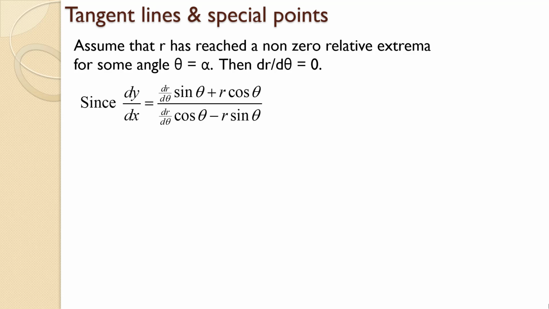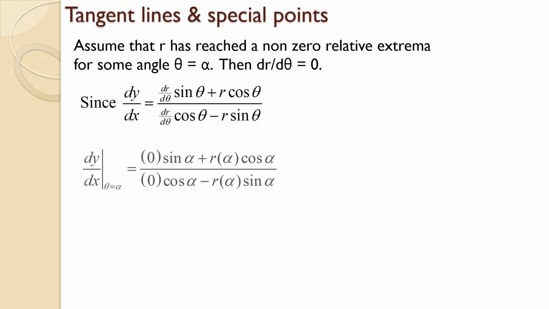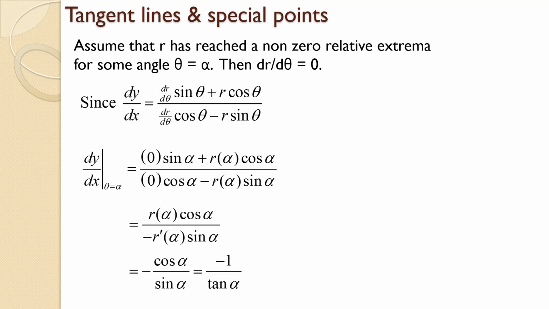But then we could find the slope at that point by just using the formula, because the rate of change of y in terms of x is given by this formula. But if we plug in that theta equals alpha, then this time the derivative of r in terms of theta would be 0 at that angle. And since the radius is non-zero, quite a bit cancels, giving you this time -1 over the tangent of alpha.